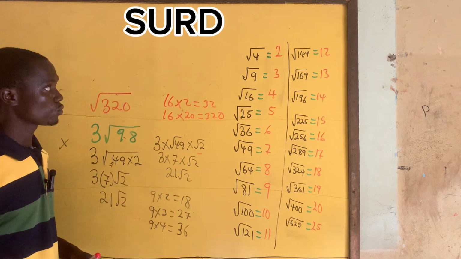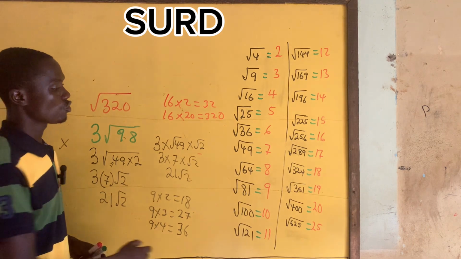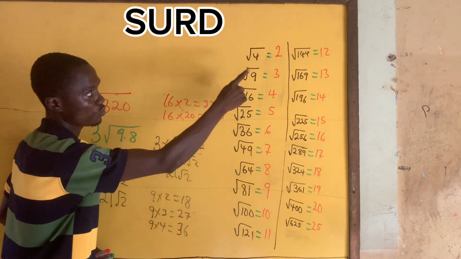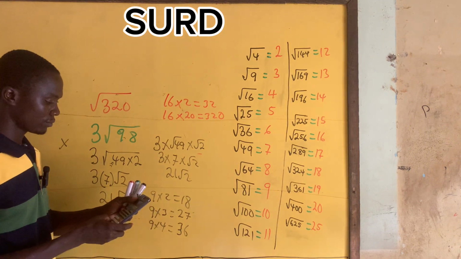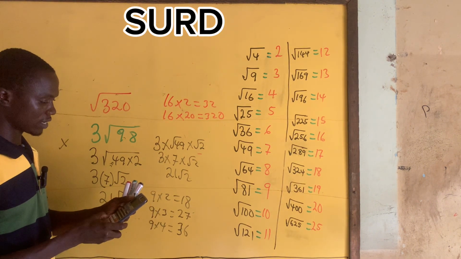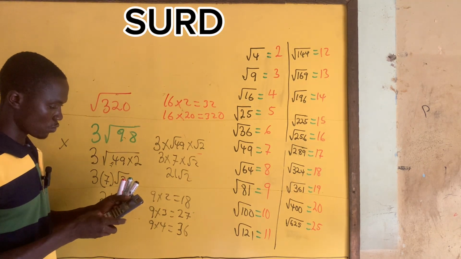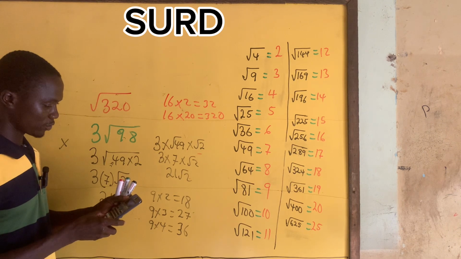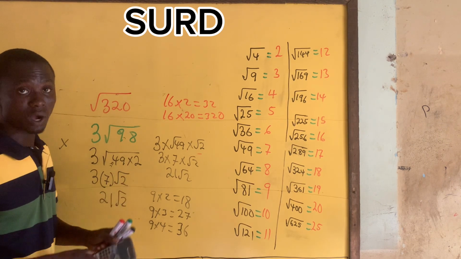So let's check if what I've said is actually true. Multiply 100 by 144 and see if the result is a perfect square. 100 times 144. If we take the square root of the answer, we get 120.